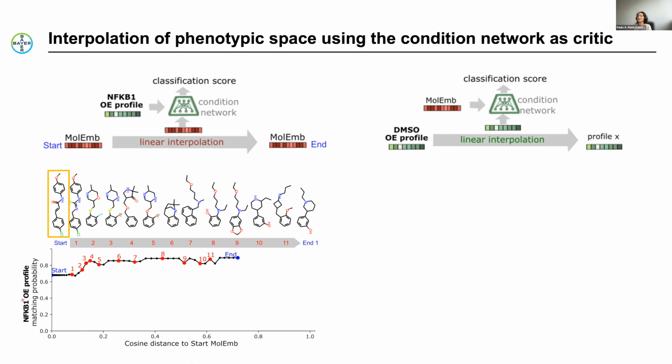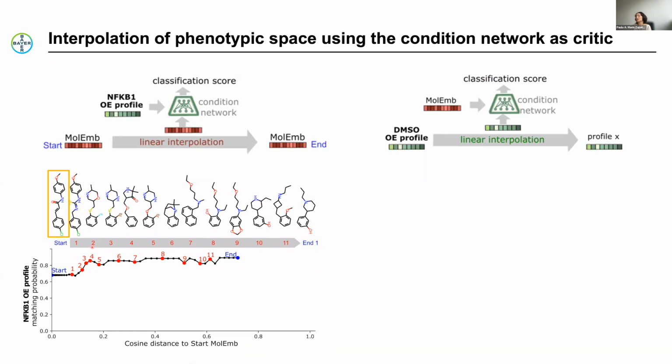And on the y-axis, this is our critic network, so the condition network, reporting the matching probability towards our reference gene, which is NF-kappa beta 1. And what we see is that as we move progressively in the chemical space, so in the embedding space, we can see also discrete and reasonable changes in the chemical structures that are decoded from those locations in the space.